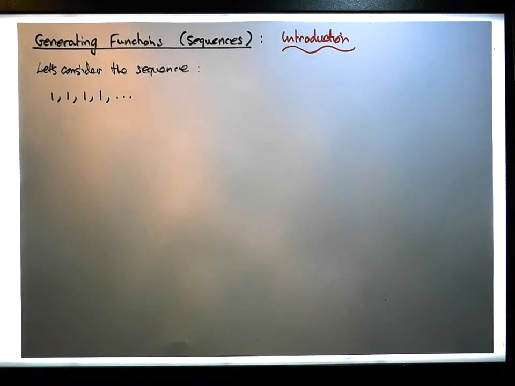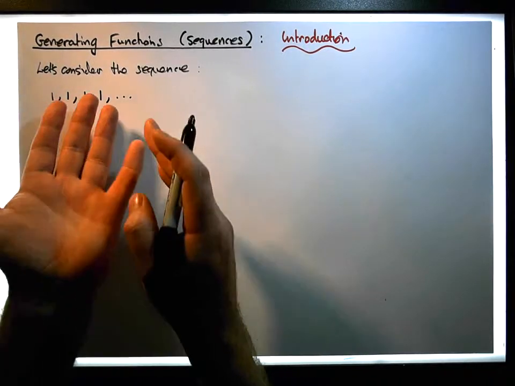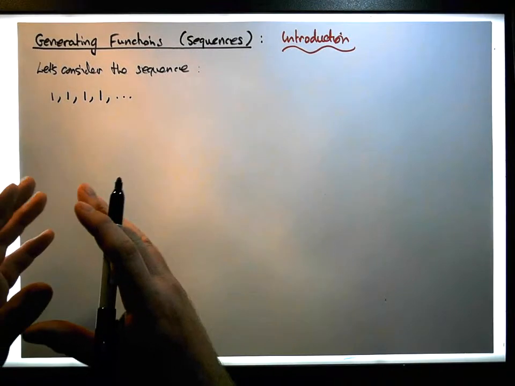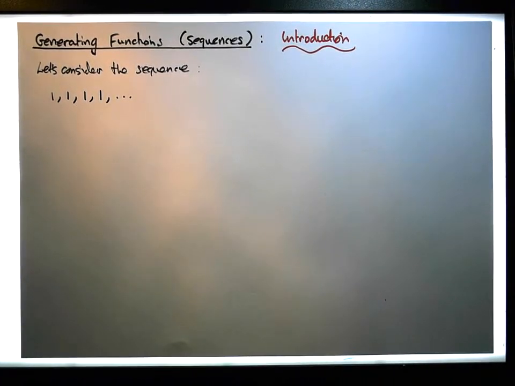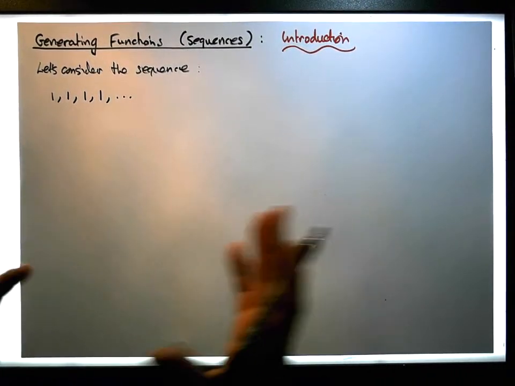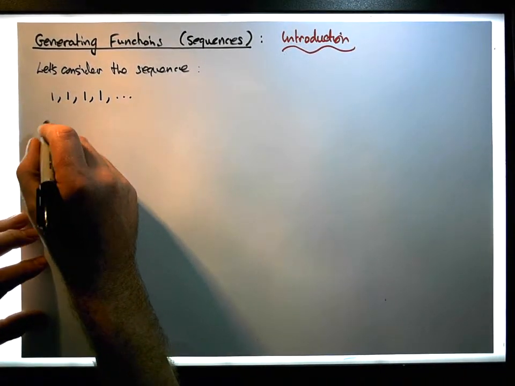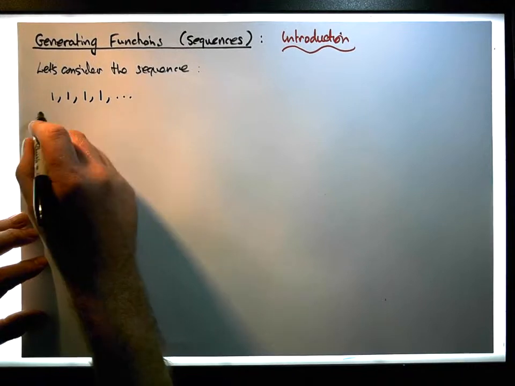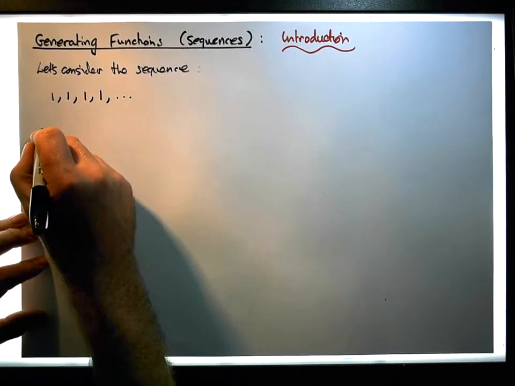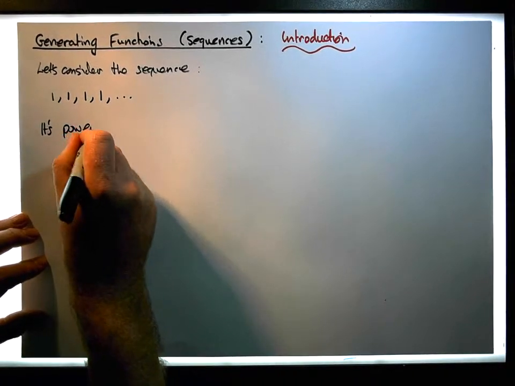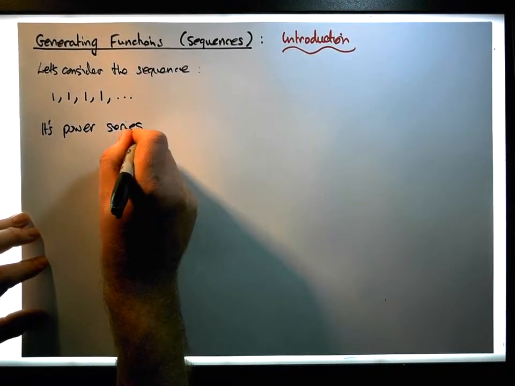Now, what we're going to do first of all is represent this sequence with a power series representation, which is simply a polynomial that has a specific structure. So the power series associated with this sequence looks something like this.